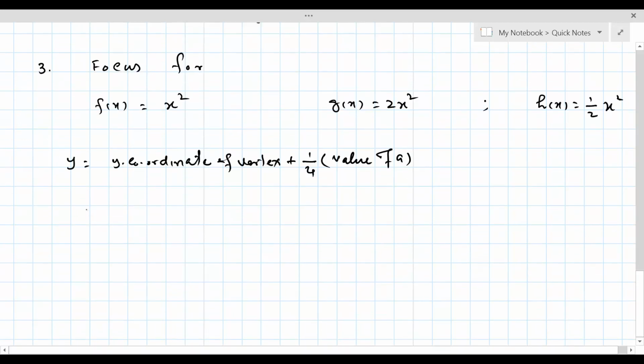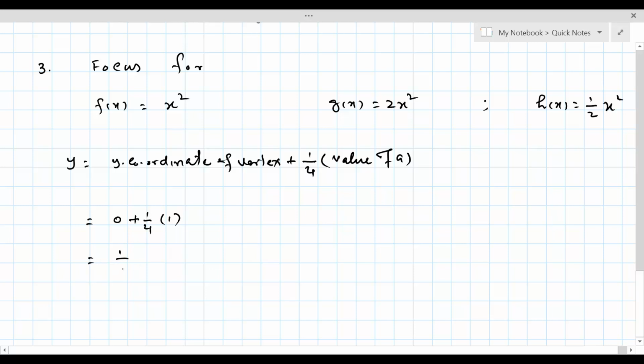Here for f of x, the y coordinate of vertex is 0. So this is 0 plus 1 by 4 times 1. So this will be 1 by 4.